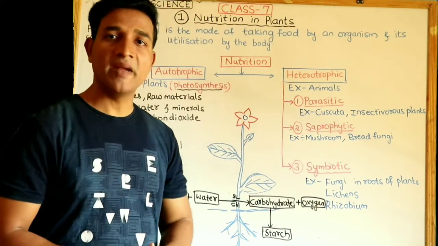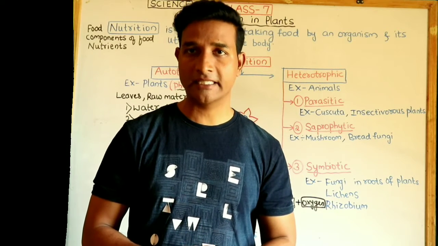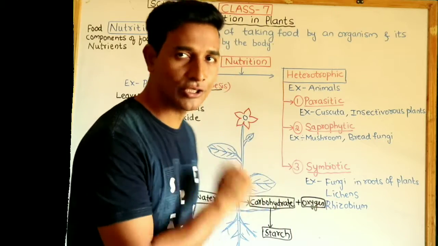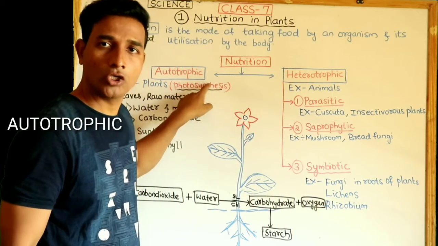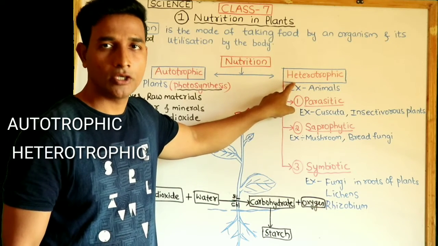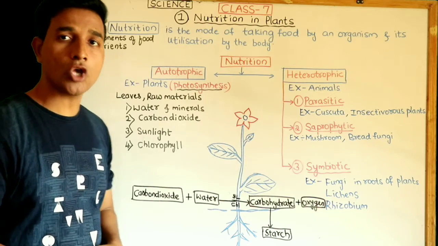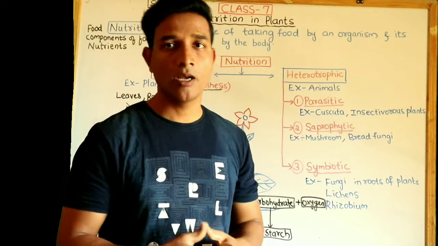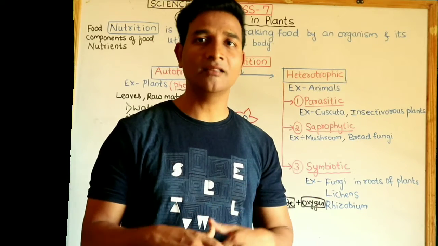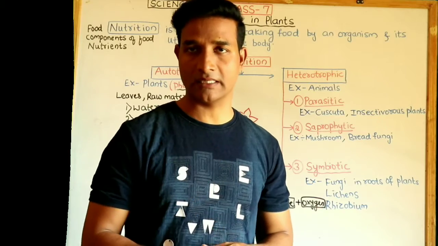Now, based on the mode of nutrition, we classify nutrition into two types. One is autotrophic, the other one is heterotrophic. Autotrophic are those organisms which prepare their own food by using simple substances.